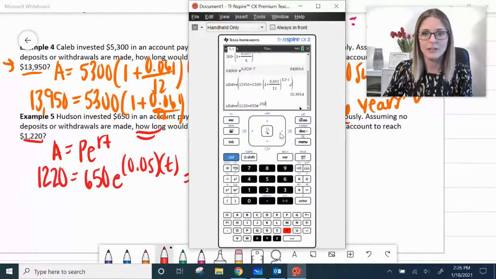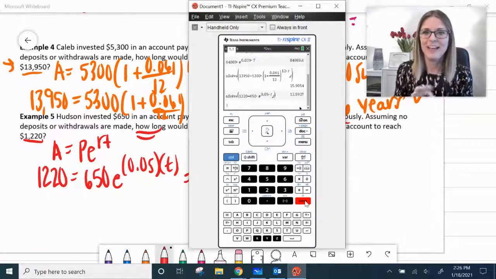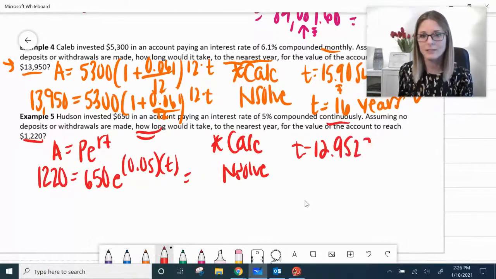Here I can use my numerical T, my variable, or my alphabetical T, comma T. Enter. You should get, if you typed it in correctly, 12.9527. To the nearest whole number year, the 9 is going to tell me to move it up. 13 years.